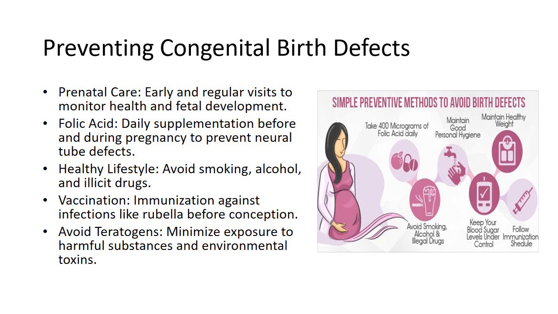Folic acid supplementation. Women planning to become pregnant should take folic acid supplements before and during early pregnancy to reduce the risk of neural tube defects. The recommended dose is 400 micrograms per day. Healthy lifestyle choices: avoid smoking, alcohol, and drugs.